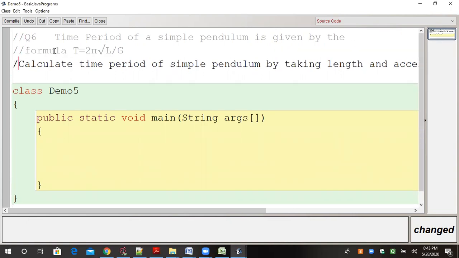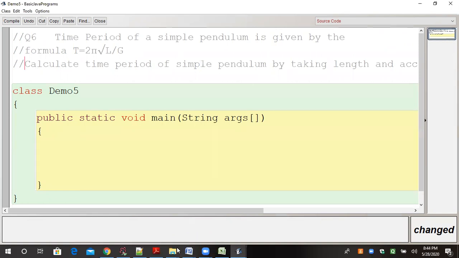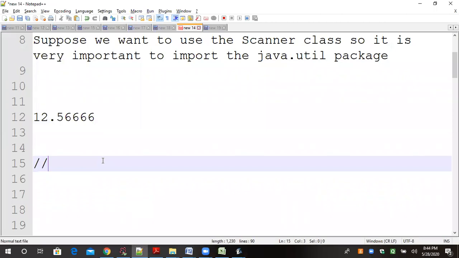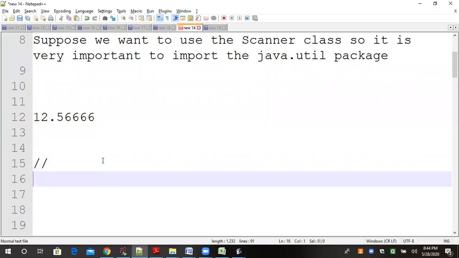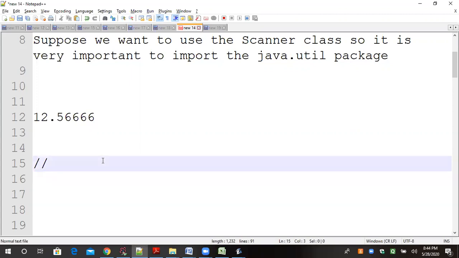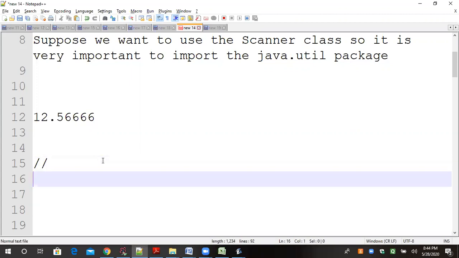So basically, what do you mean by double slash? One small thing I want to discuss. Double slash is a comment in Java. There are two types of comments in Java: single-line comments and multi-line comments. If we use the double slash, it means a single-line comment.